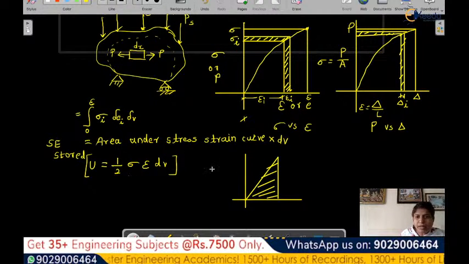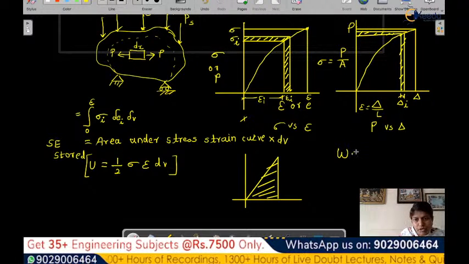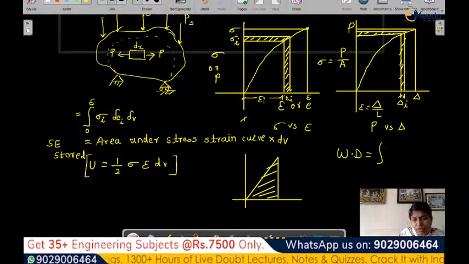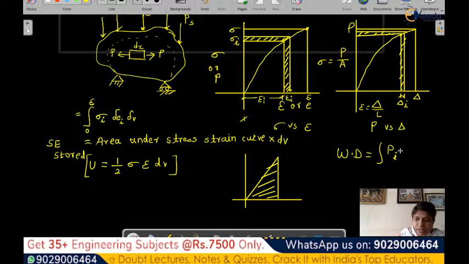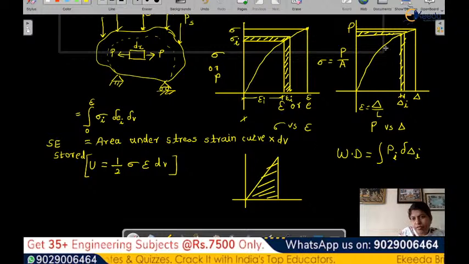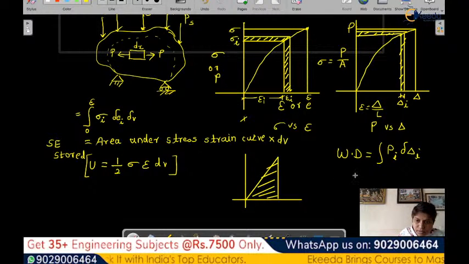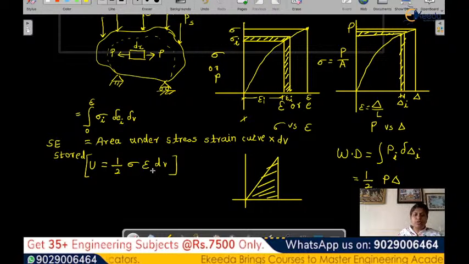Similarly, when we consider the load, work done can also be shown as the integration of the total load at that particular element into deflection. And when that curve is linear for load deflection also, then we get half into P into delta. So this is one equation and this is the other equation.